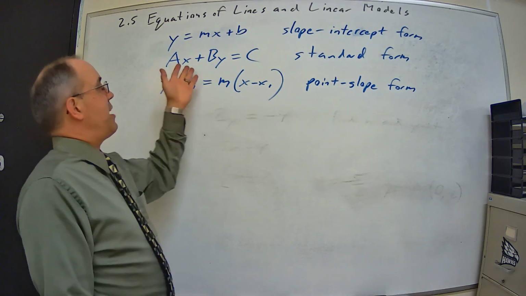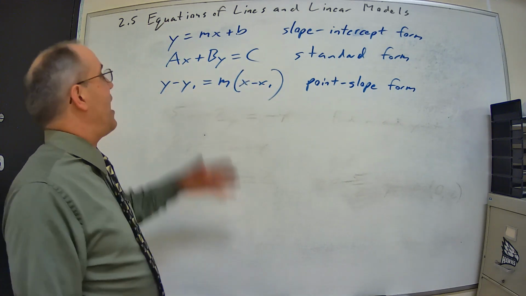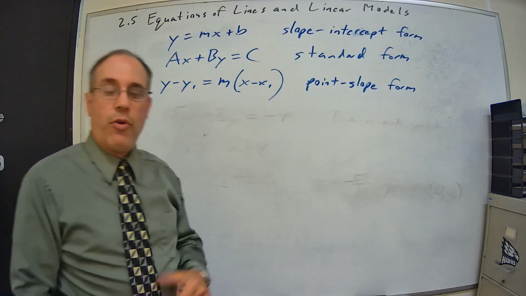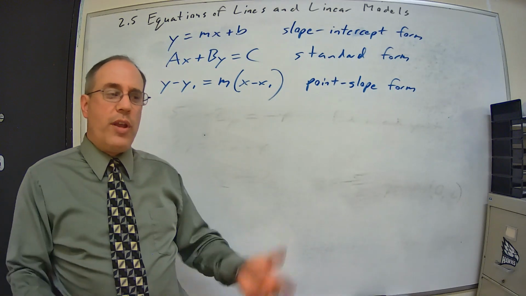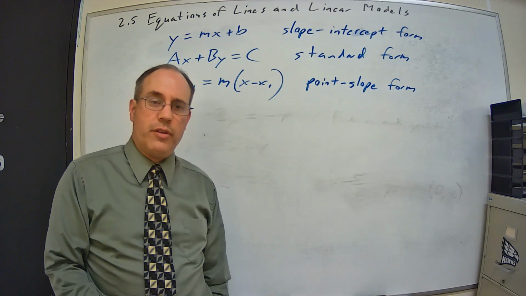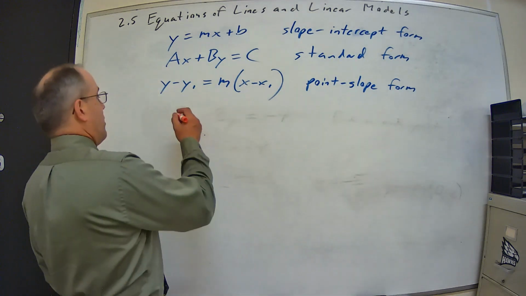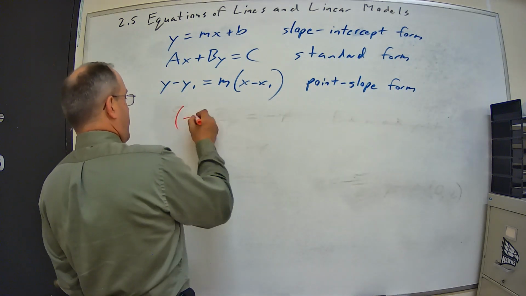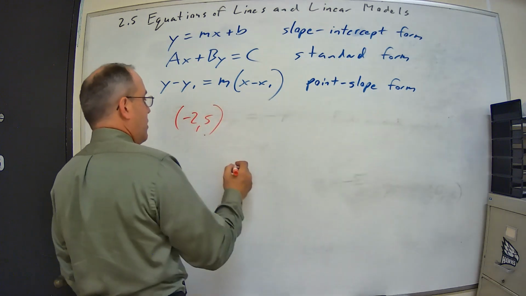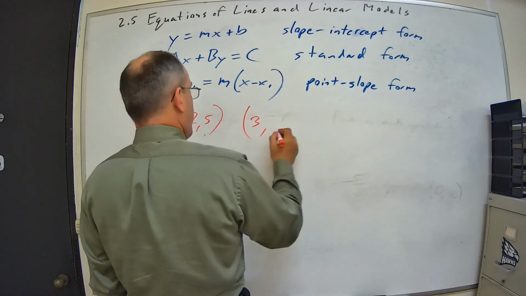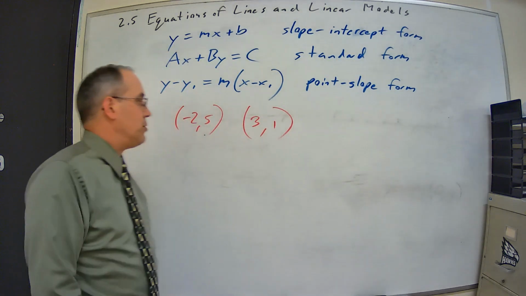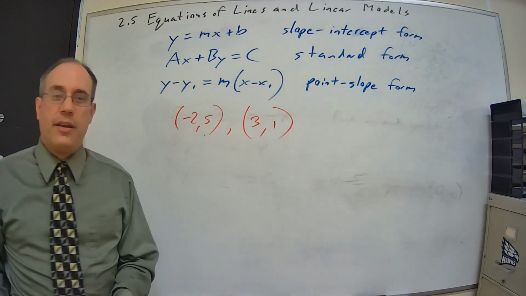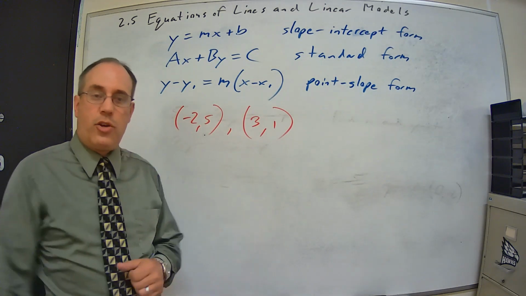If we have it in standard form, which is what we just had, we can move it into the slope-intercept form and find things that way. But what if we have 2 points on this line? I have (negative 2, 5) and (3, 1). 2 points on the line, and now I want to get an equation for the line.